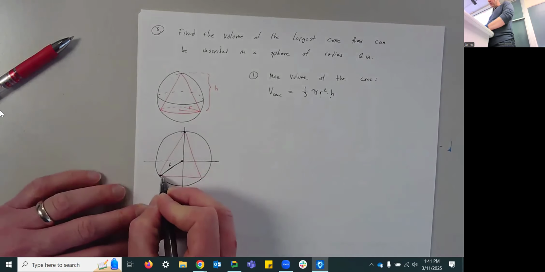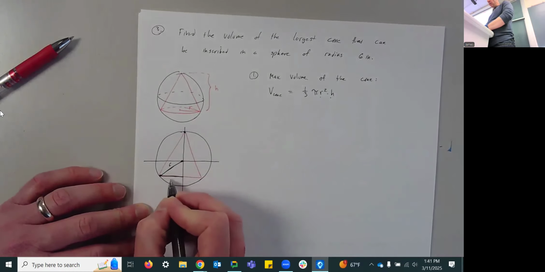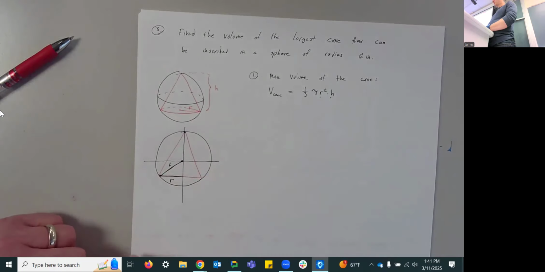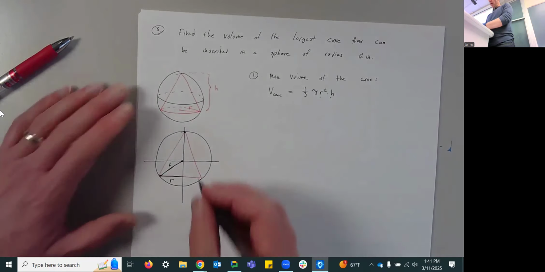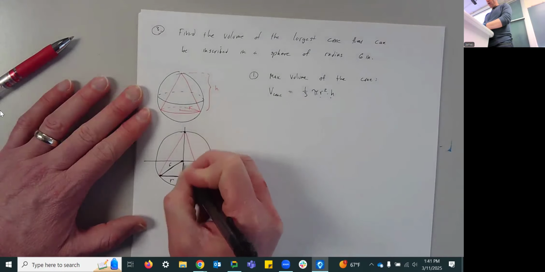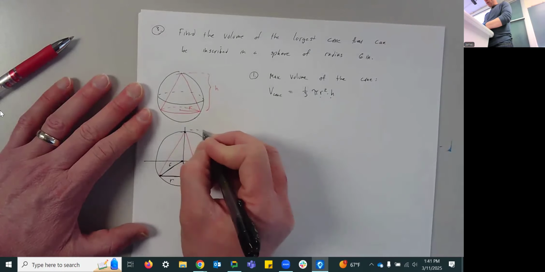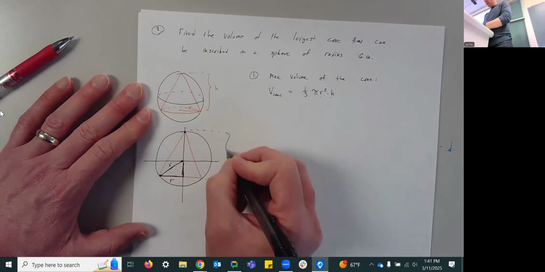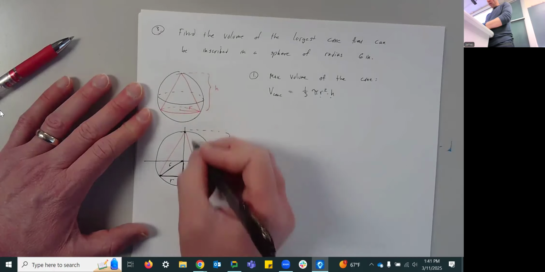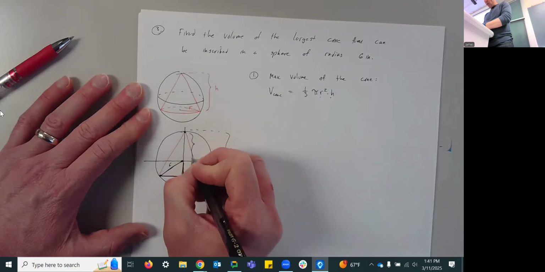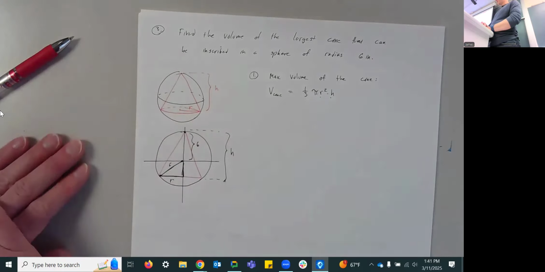We also know that this length here is the radius of our cone, and that this length here is the height of the cone, and that this length here is also the radius of the sphere, which is 6.